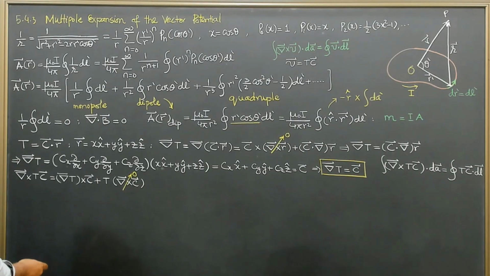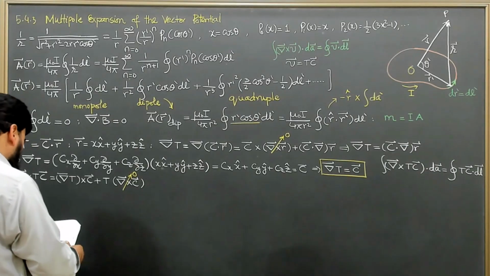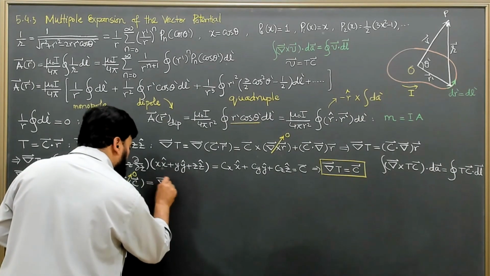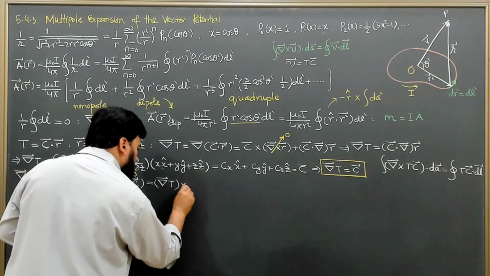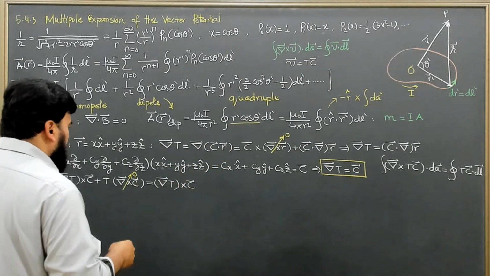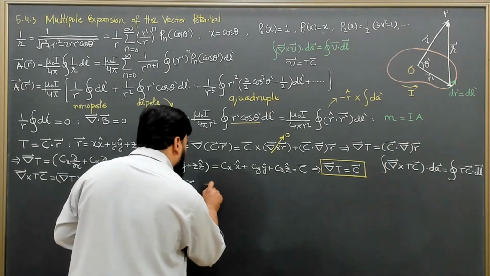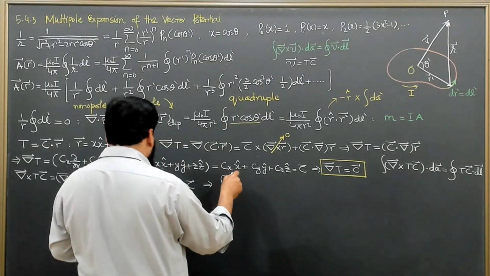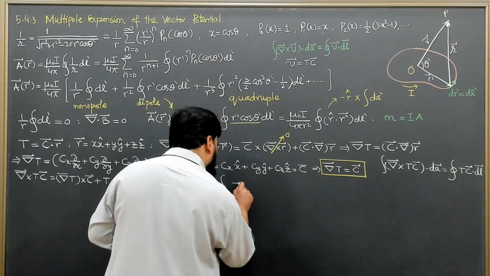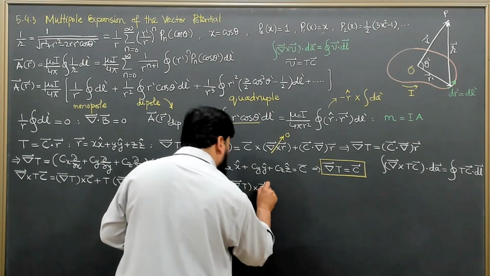And from here I can write that del cross TC is gradient of T cross C. So this is equal to gradient of T cross C. So I can now write that the curl of TC dot dA is equal to this.